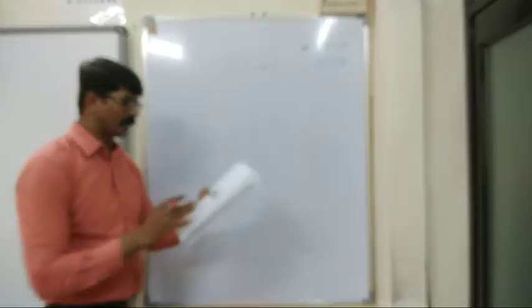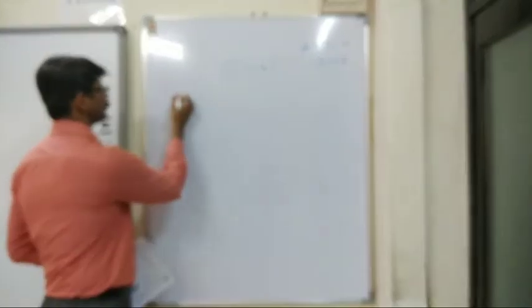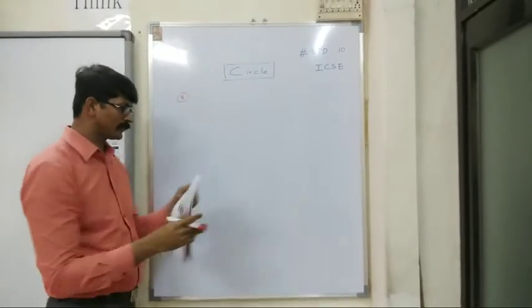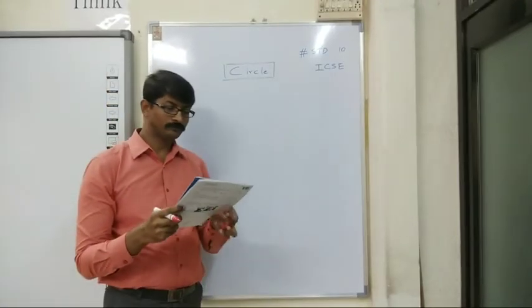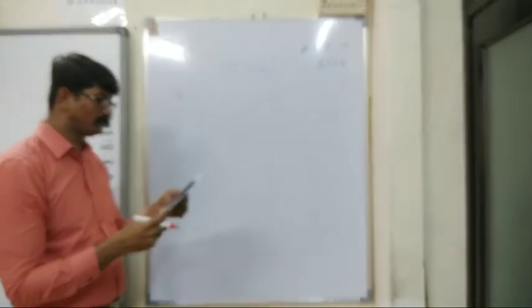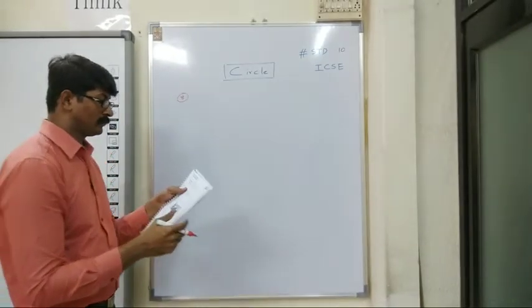Meanwhile, I'll try and solve this sum number 8 because it's again based on tangent properties. In the figure given below, PT touches the circle.